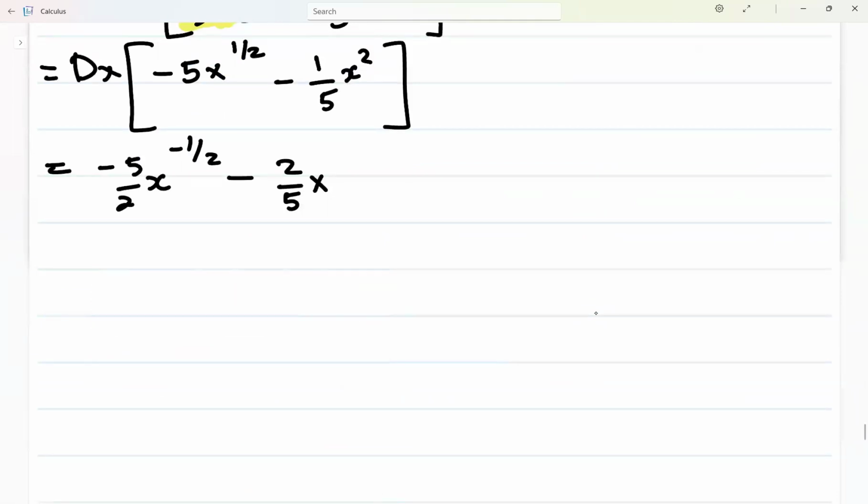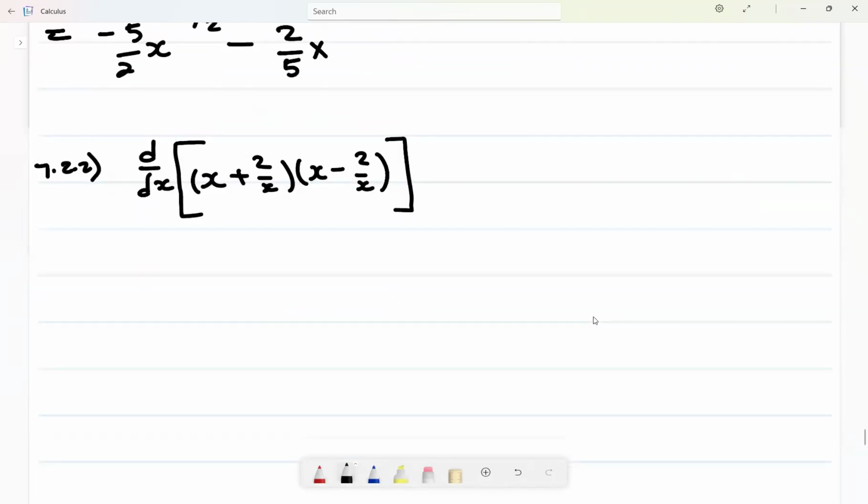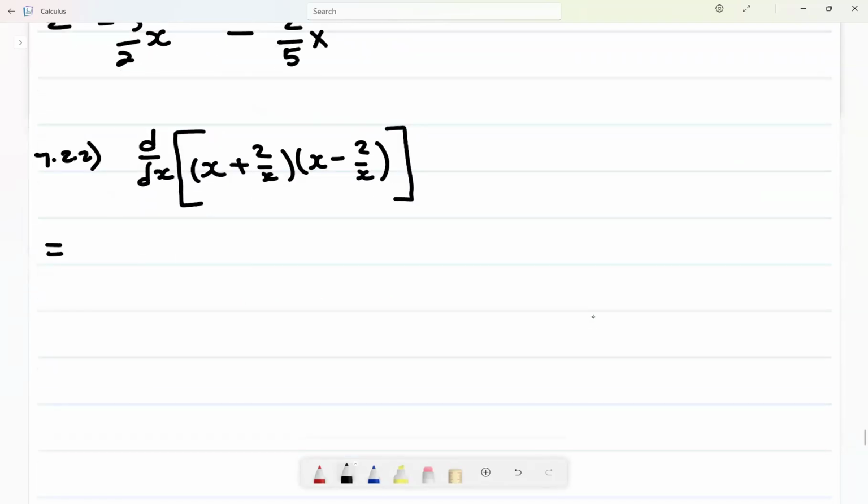Let's see. This is 7.2.2. So this is the same as this one, just that here they say d dx, right? So if that's the case, we're going to continue with this one.